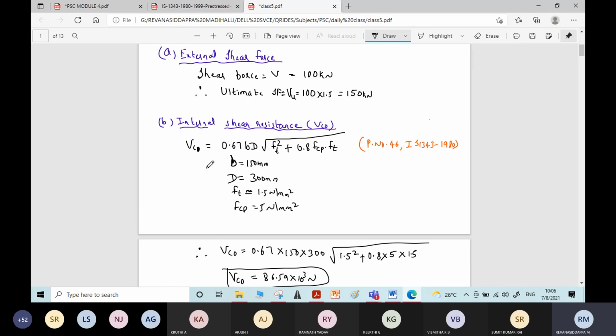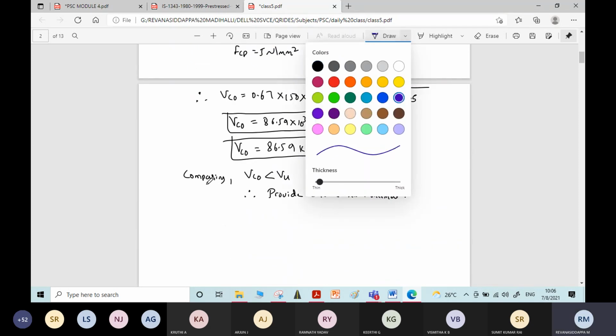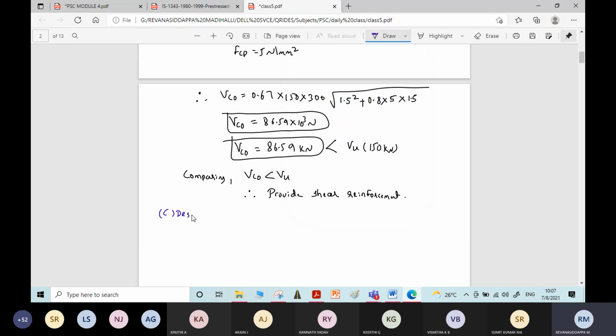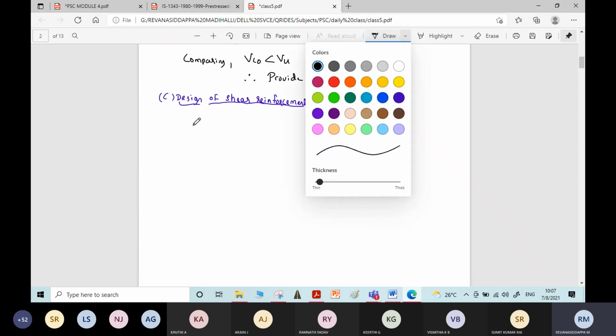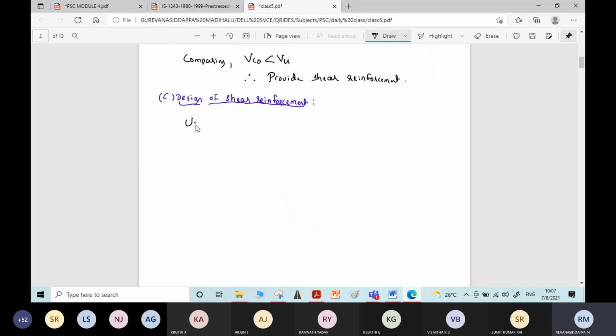Okay. Now, in the next step, step C, design of shear reinforcement. Therefore, you can assume 2-legged stirrups.